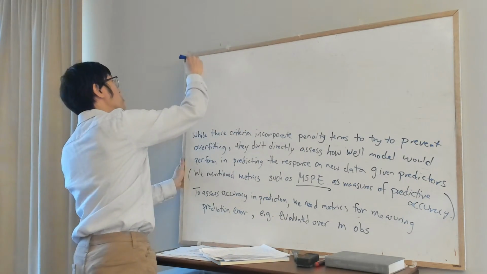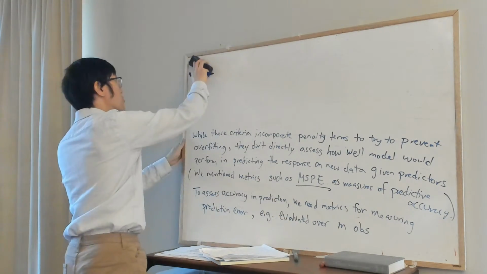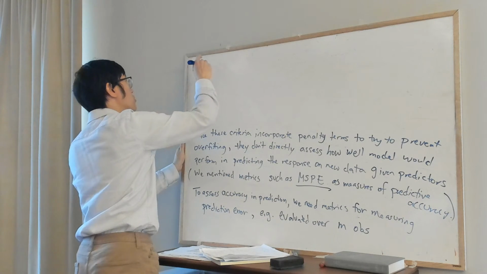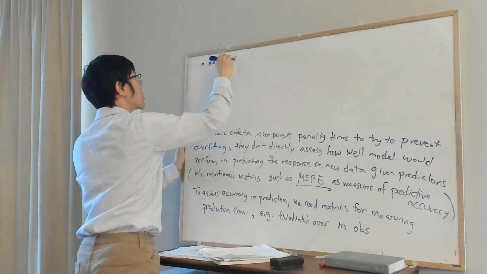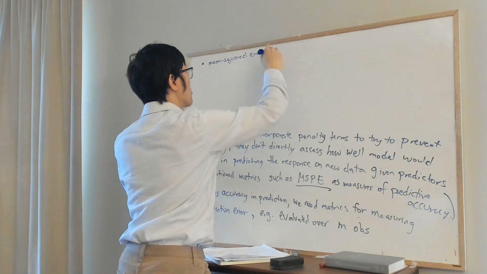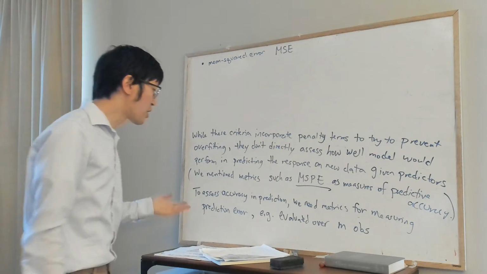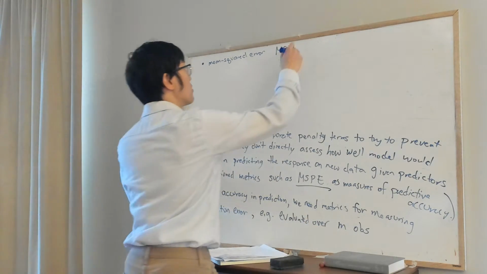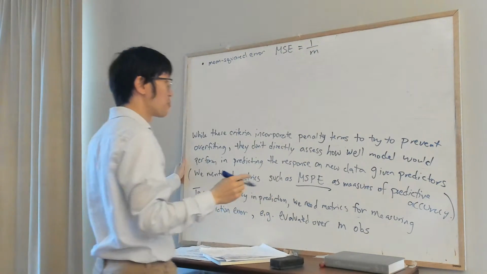So first we have examples of these metrics. We have mean squared error, which I can abbreviate MSE. In general, what is mean squared error? If I have m observations, then it's simply the average squared error. What is the error?